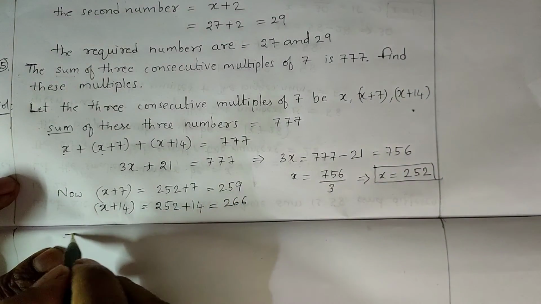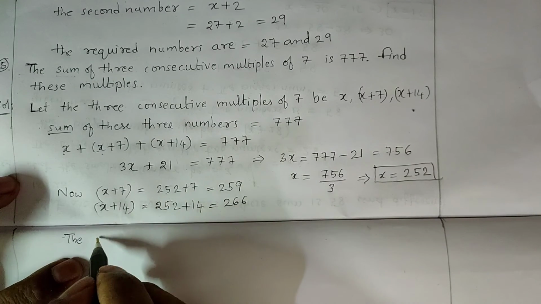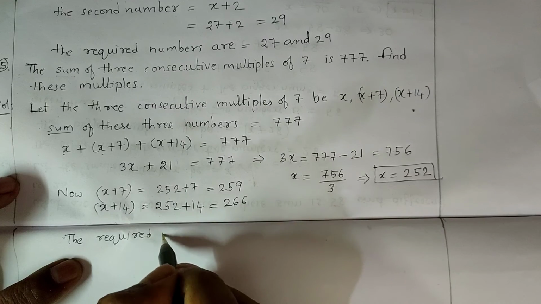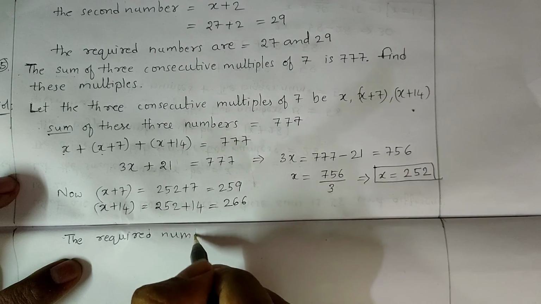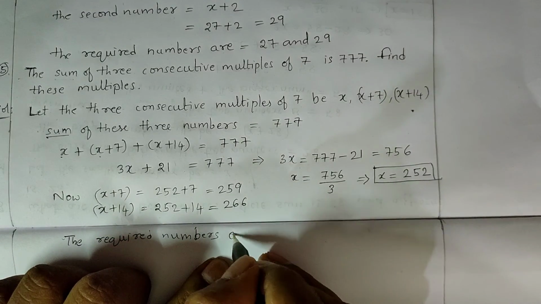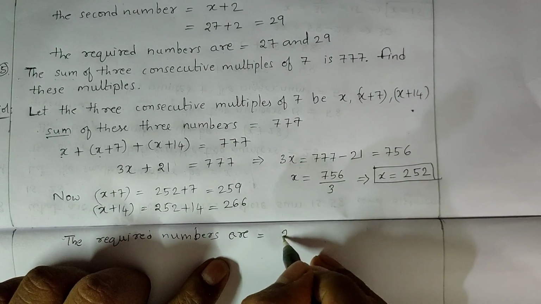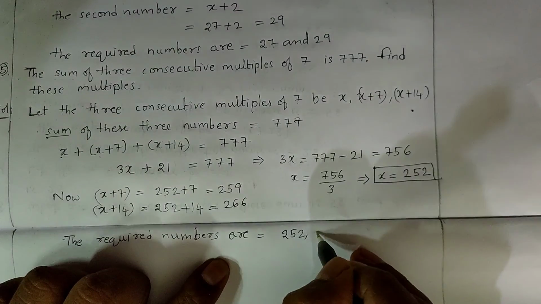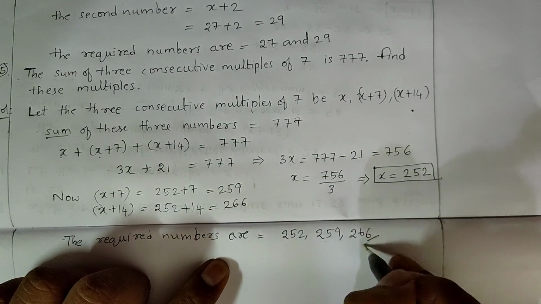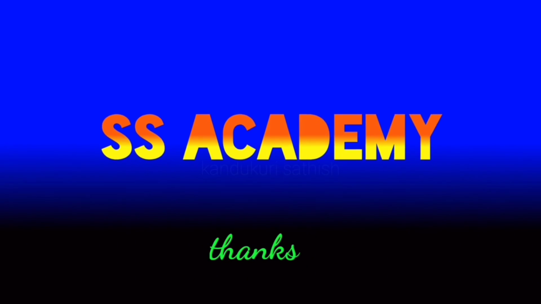So we got the first, second and third numbers. Now the required numbers are 252, 259, 266. That's it. That's the answer.